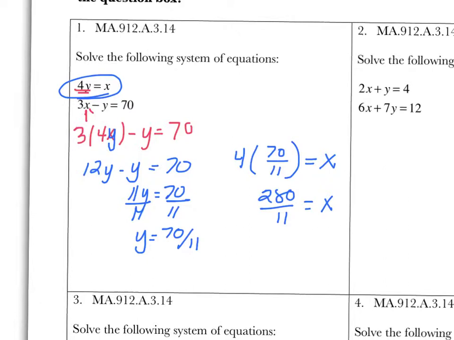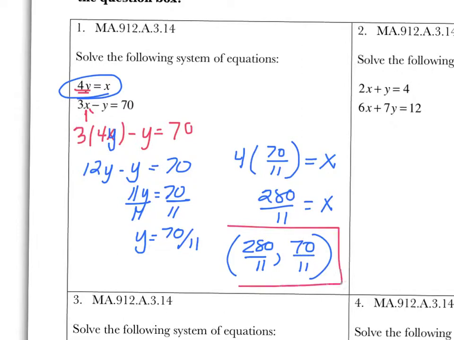And that's my answer. Like I said, I'm not going to get a great decimal, I don't think. No, again, it's another yucky decimal, so I'm just going to leave it. And so my answer is 280 over 11, comma 70 over 11. Is that a comma? Yeah.